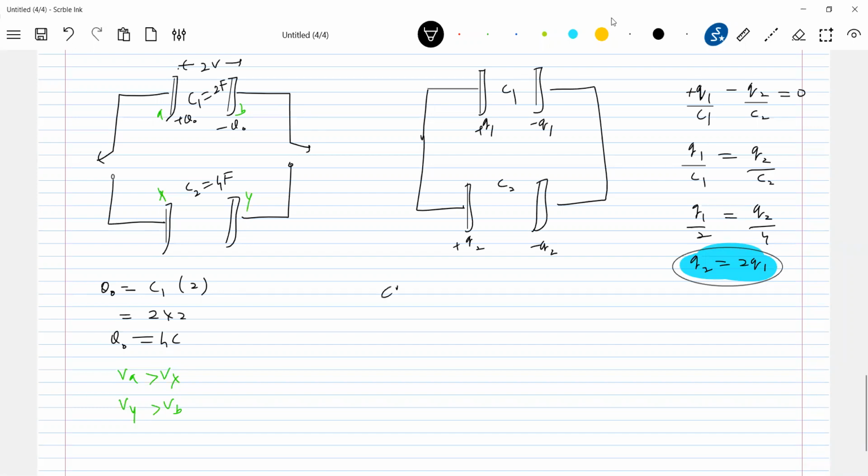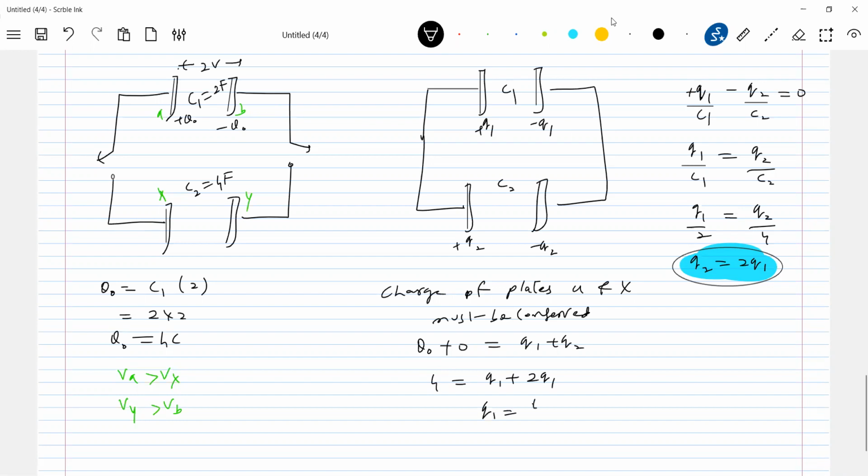I'll write the sentence: charge of plates A and X must be conserved. So what was the initial charge of this system? Q naught plus 0 is equal to Q1 plus Q2. Q naught value is 4, and Q2 is 2Q1, so Q1 is 4 by 3 coulombs. Therefore Q2 will be 8 by 3 coulombs.